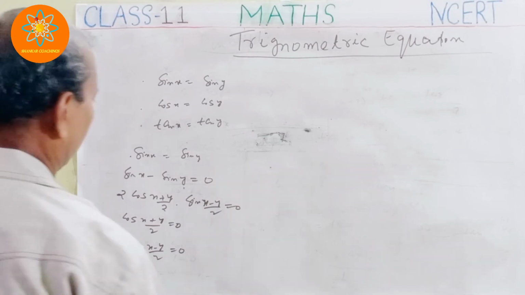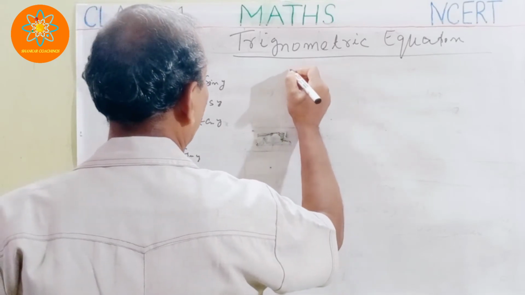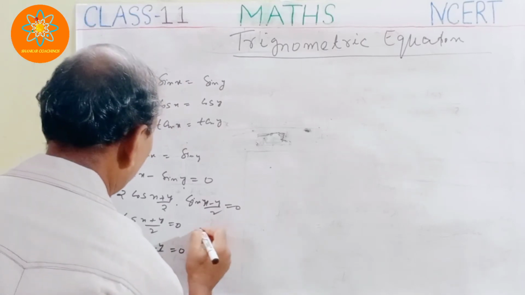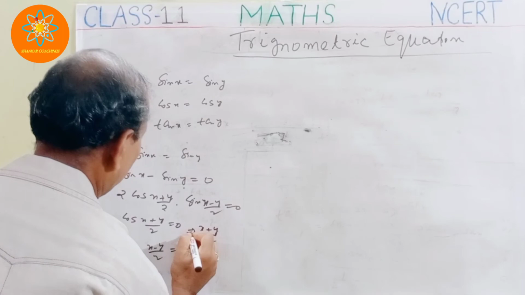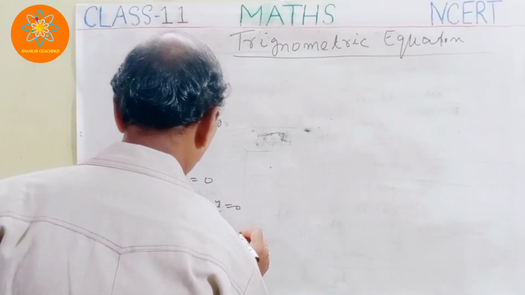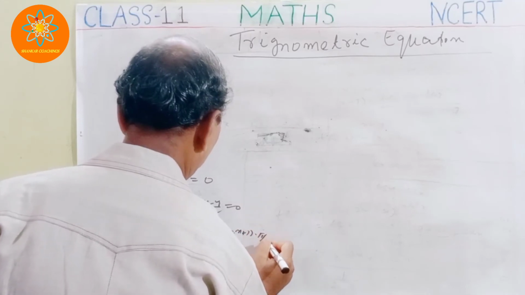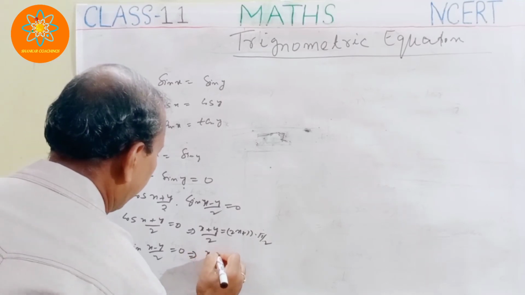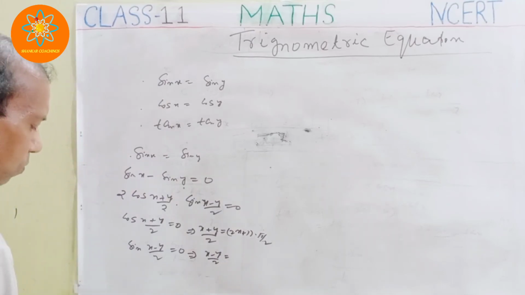So in this case, (x plus y)/2 is equal to (2n plus 1) into pi by 2, and this implies (x minus y)/2 is equal to how much?